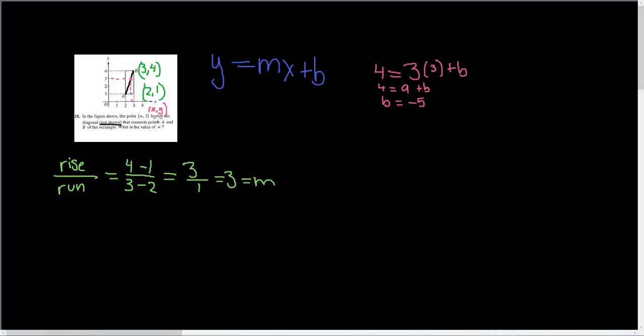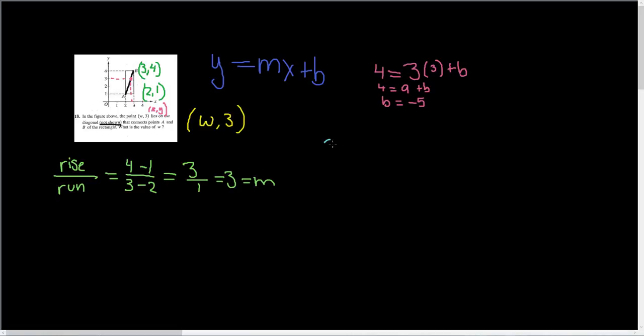Let's look again at the problem. What we're trying to find is the point that is (w, 3). That means we're trying to find the x value, but we know the y value. So we can now simply plug the values into our equation.